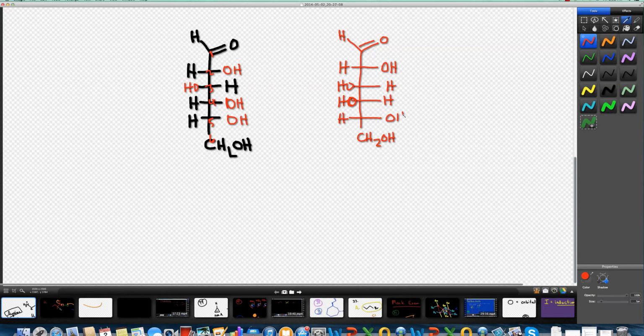It's important to see that if I were to reduce the aldehyde to an alcohol, the alditol of galactose is meso. It will not rotate light.